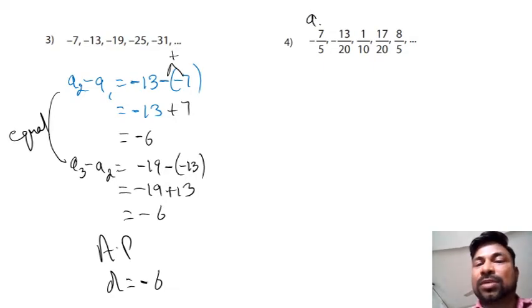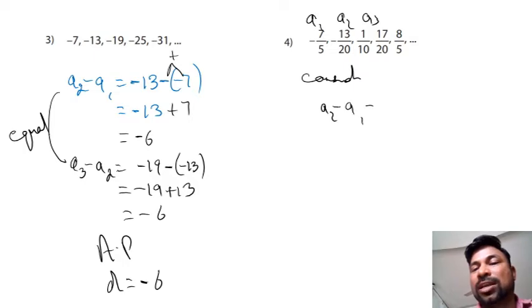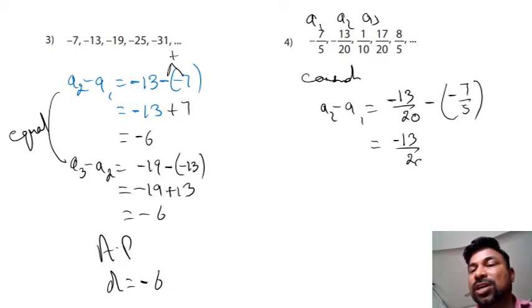Again, this is A1, this is A2, this is A3. What are we supposed to do? Consider A2 minus A1. So minus 13 by 20, again minus of minus 7 by 5. We need to multiply these two signs, and we get plus 7 by 5.